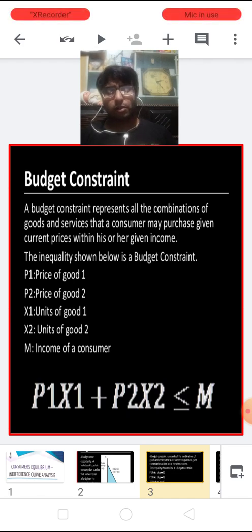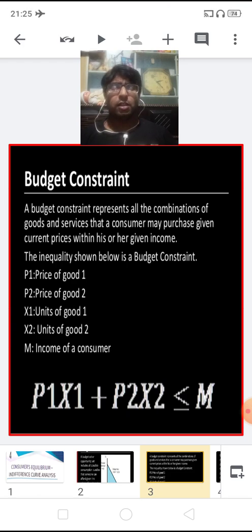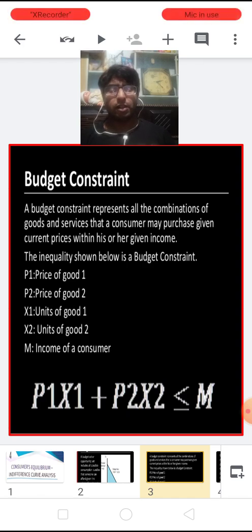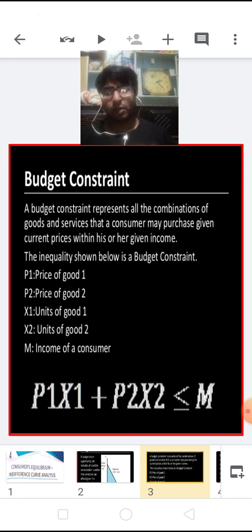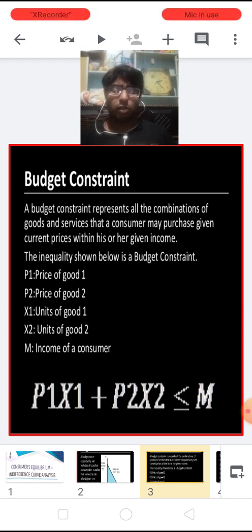So the cost of these combinations is exactly equal to the money income of the consumer. It should not be less than, it should not be greater than. The money income should always be equal to or greater than the cost of the combinations which a consumer can avail with his given money income and the prices prevailing in the market.